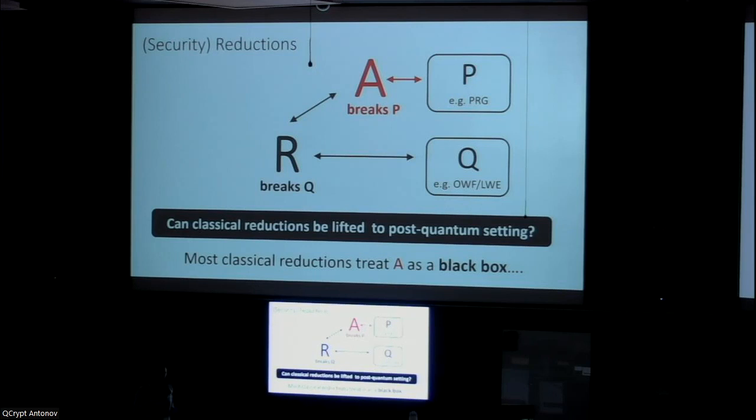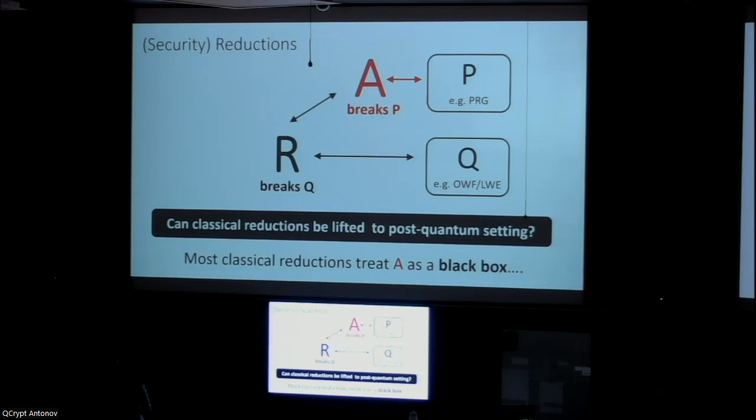In some sense, if the reduction thinks of the adversary as a black box, it has no idea how it's implemented, whether it uses quantum things or classical. It's just a black box. The reduction just has input-output access to this thing. So if you don't think about it much, it seems like it should still work.